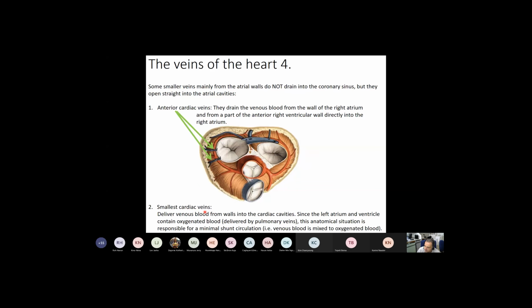Everywhere in the heart, if we study very carefully, there are very tiny veins which drain straight into the cavities of the heart.